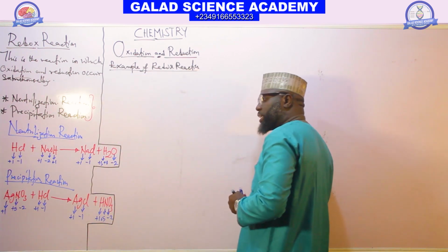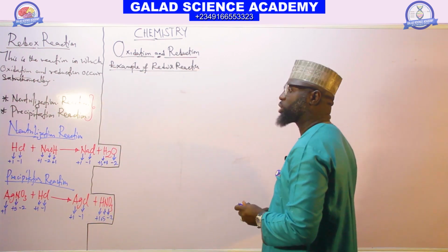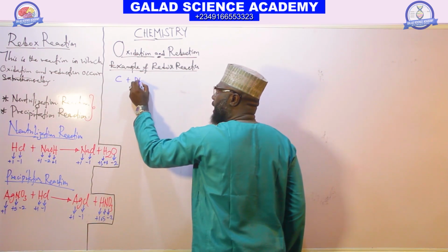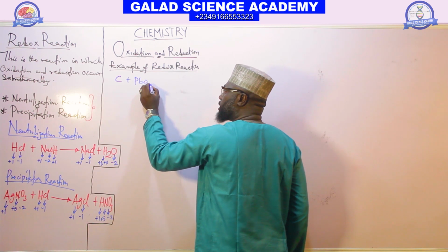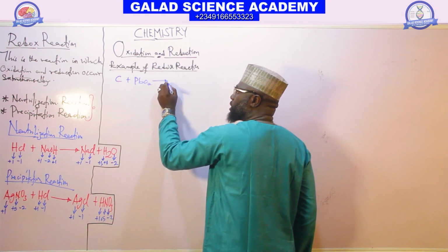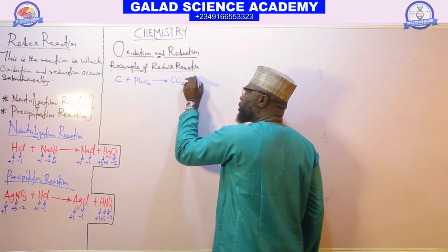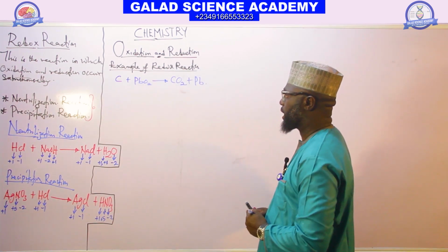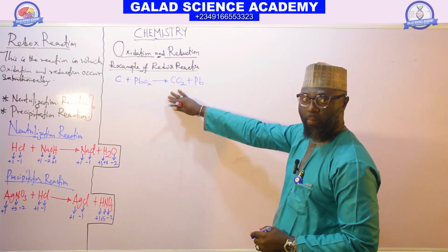So in this example, carbon reacts with lead oxide to give us CO2 plus lead.